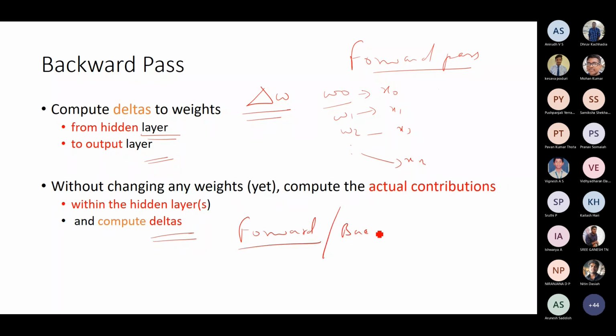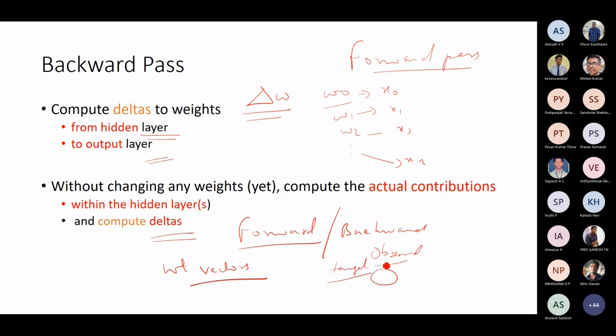In the forward pass, you assign weight vectors at random, compute your output, and keep propagating to the next layer, and the next layer, etc. At the final output, there is a target which is already known to you because this is a supervised model.